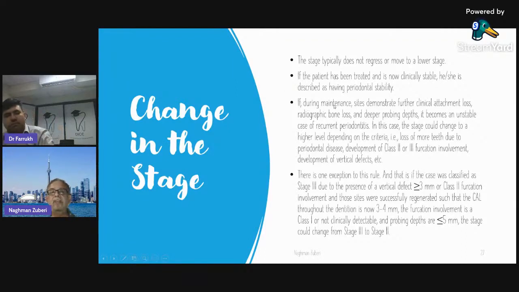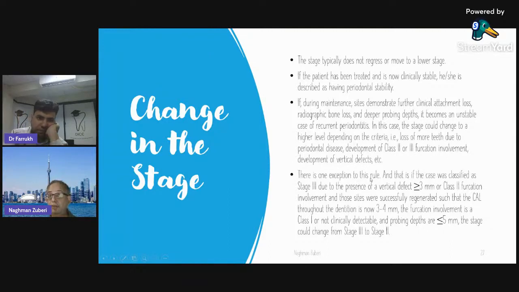If during maintenance sites demonstrate further clinical attachment loss, radiographic bone loss, and deeper probing depths, it becomes an unstable case of recurrent periodontitis. In this case, the stage could change to a higher level depending on the criteria, meaning we will see loss of more teeth due to periodontal disease, development of furcation involvement, it could be class 2 or class 3, or maybe development of vertical bone defect.